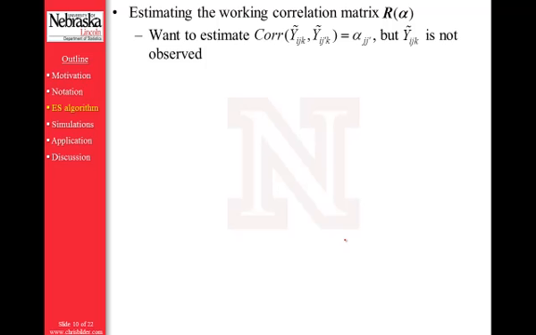Well, what about estimating this working correlation matrix in this particular setting? This is not a direct application of the ES algorithm itself. So what I would like to do is come up with an estimate for what I call the individual correlations, the correlation between the individual responses for disease j and j prime. We can denote it simply by alpha sub jj prime.